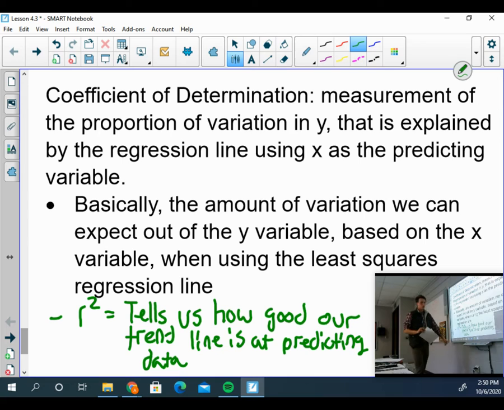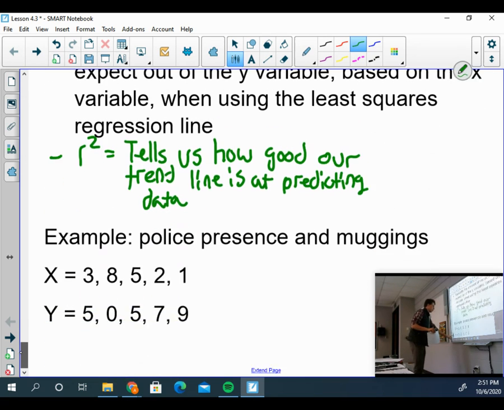R squared is going to be between 0 and 1. If R squared's a big number, it does a great job. If R squared's a low number, it's probably not a good job and your trend line is inaccurate. That's what it boils down to: how good is your trend line when you plug an X value in and get out a Y value?